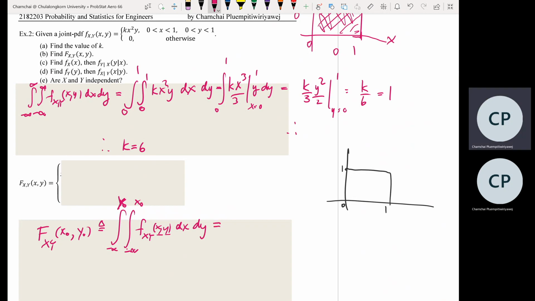So according to this, we substitute in the integral of what? K is 6, right?